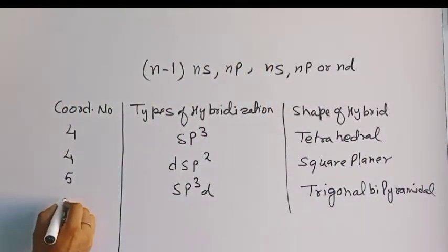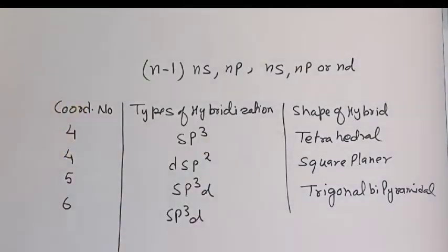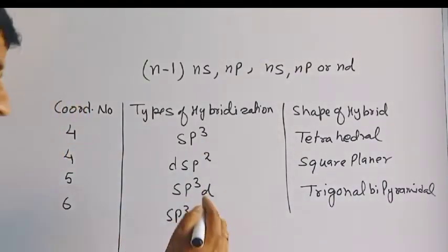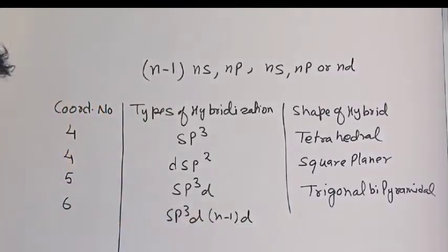Again, if the coordination number is 6, it may be of two types. Number 1, sp3d2, because d is outside, so it uses the nd orbital, commonly known as an outer orbital complex.